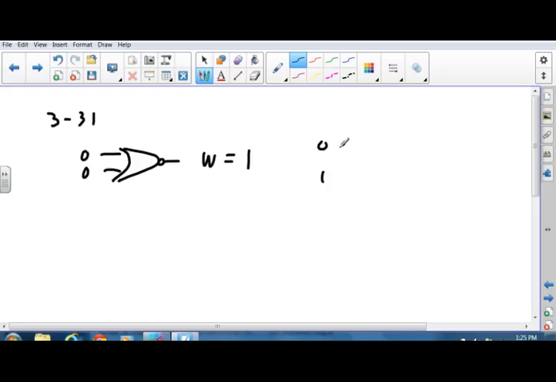0, 1. I'm going through another OR. Are these ORs or NORs? NORs. These are NORs, because there's a little circle there. All right, so this is a NOR. But I can think about it as an OR followed by a NOT, right?